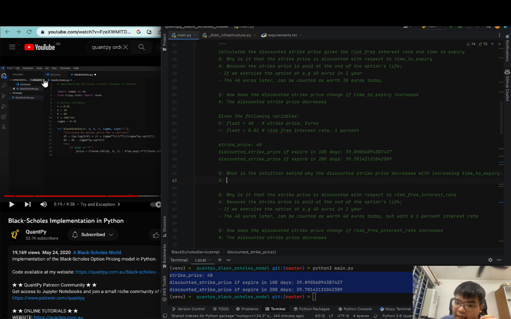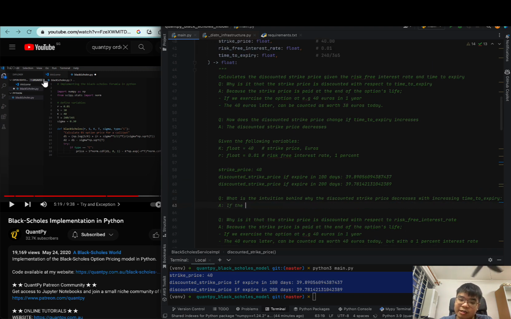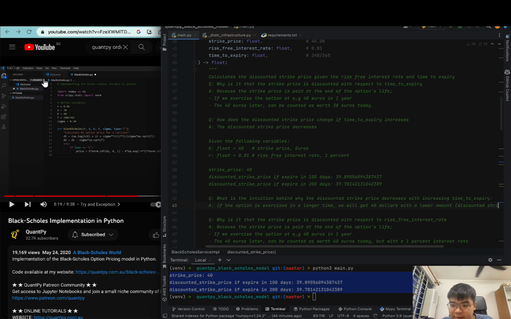My hypothesis is that if the option is exercised in a longer time, we have the current value, we will get $40 with a lower amount discounted strike price.